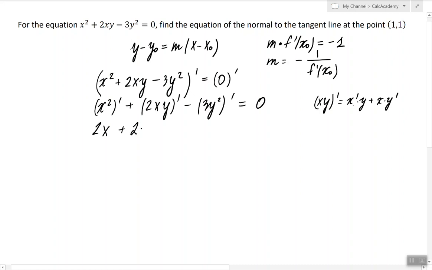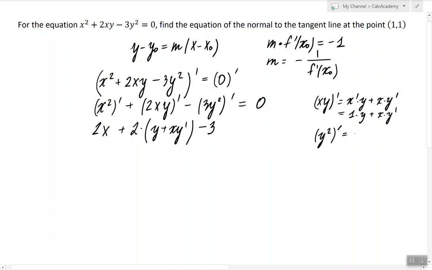But x is a variable, so the derivative of x is 1, but the derivative of y remains unknown. So this is what the derivative of this product is. When differentiating a function multiplied by a number, we can factor out the number, and what's left is y squared.